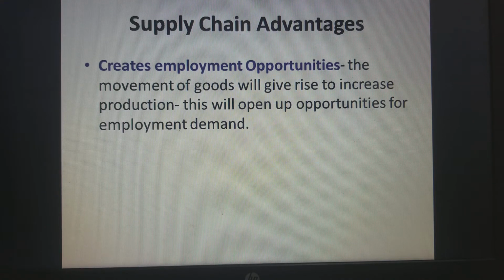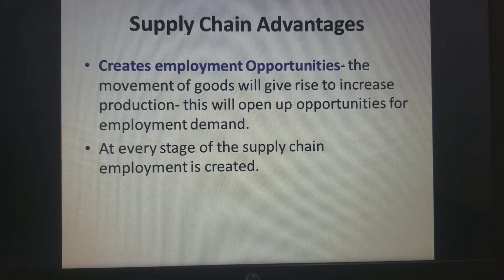So this will open up opportunities for employment. Once there is a high demand for the goods, yes, then there is going to be increased production. And when there is increased production, there will be demand for more labor. At every stage of the supply chain, labor is needed, yes, and employment is created.